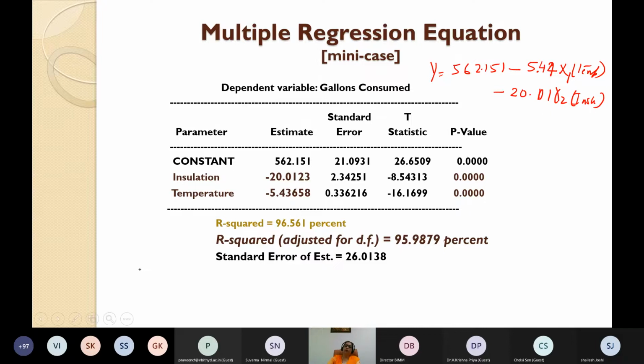So this equation you have found, as we identified from the data, that the oil consumption has a negative relationship with the temperature and the insulation thickness.